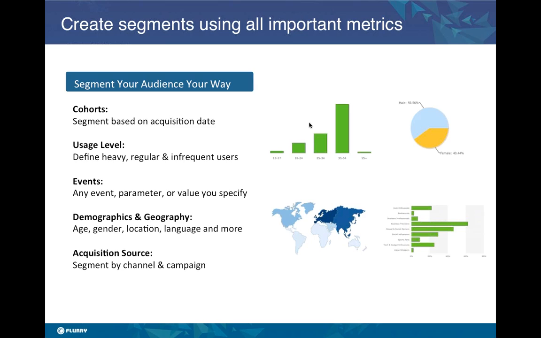So we actually use a couple different methods. There are some self-reported demographic apps. Typically a dating app might be interested in reporting that you're a male or a female, or what your age is, or things like that.